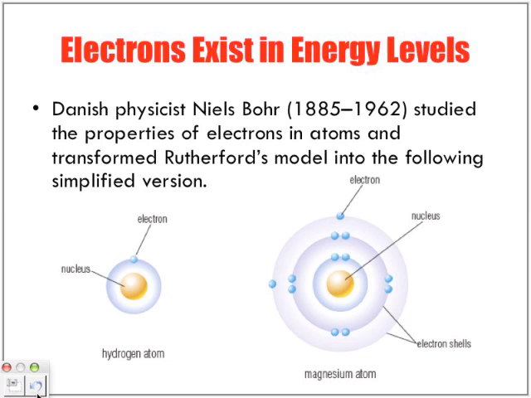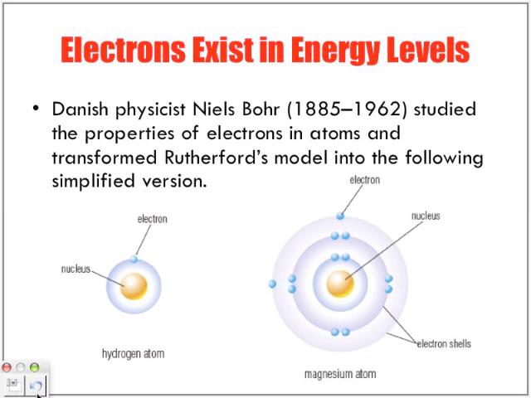So, electrons exist in energy levels, and that's what we're going to see now with the following scientist, this Danish physicist who further studied Rutherford's model, the Thomson model. Now we're going to be looking at a new discovery. This Danish physicist, Niels Bohr, studied the properties of electrons in atoms and transformed Rutherford's model into the following simplified version that we have.